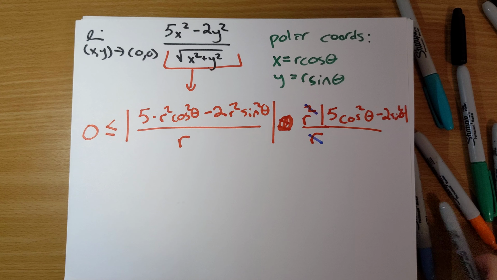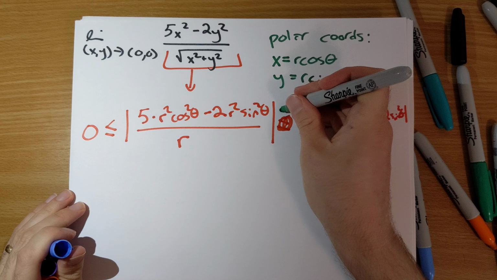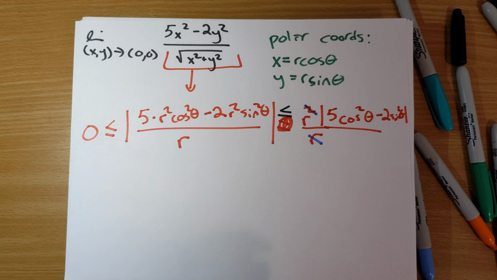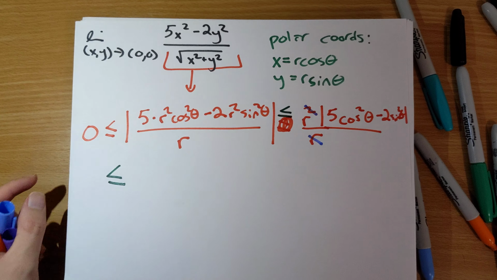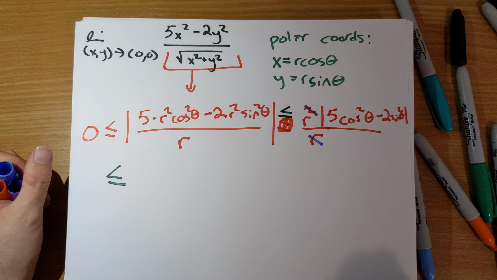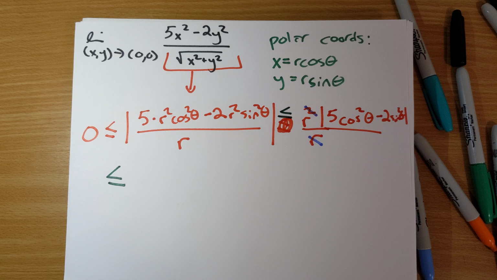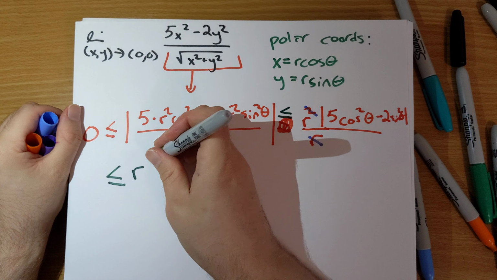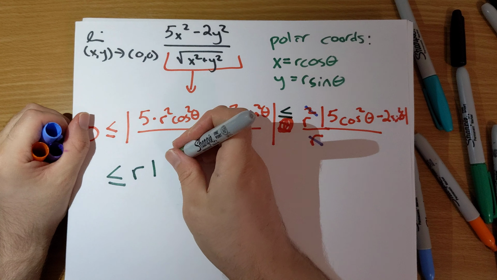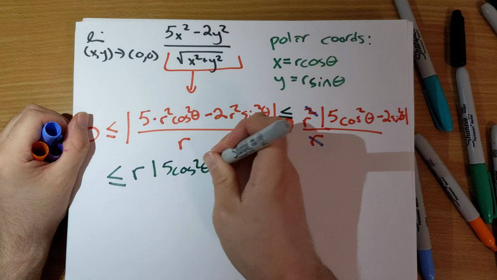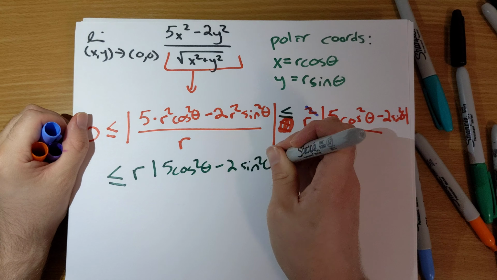Those factors of r cancel out. So, oops, I don't know why I got rid of that. Less than or equal, that should be back here. And this is going to be, I guess it's a strict equals, not a less than or equal. It's just equals, but doesn't matter. r times the absolute value of 5 cosine squared theta minus 2 sine squared theta.